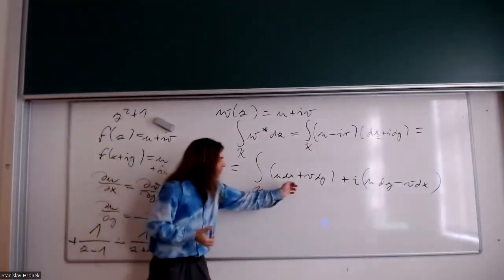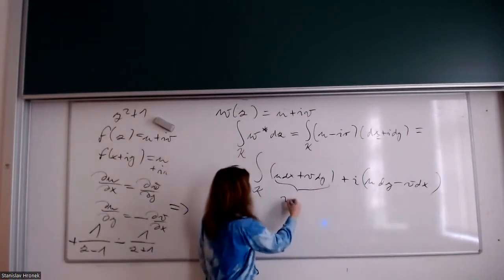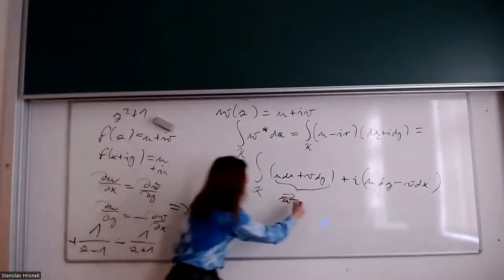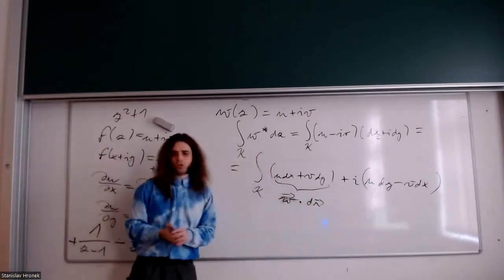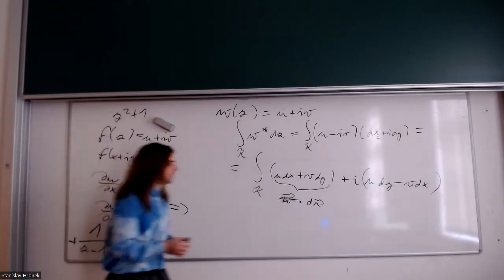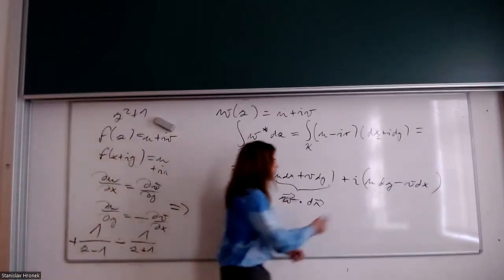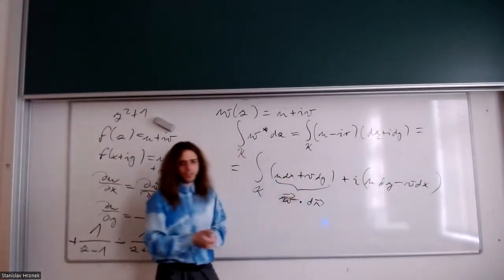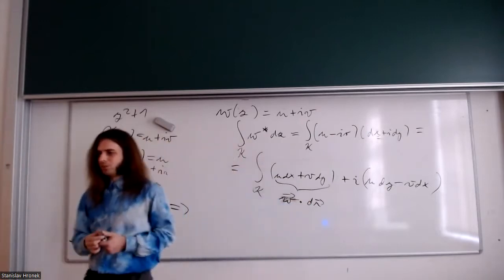So if we have a careful look at it, this is something like the W dot product dr. So this term will show how much of the fluid is going along the curve. Essentially, this is the circulation along the curve. And if we look at this, this is exactly the same scalar product, but with the dr rotated by pi over 2.